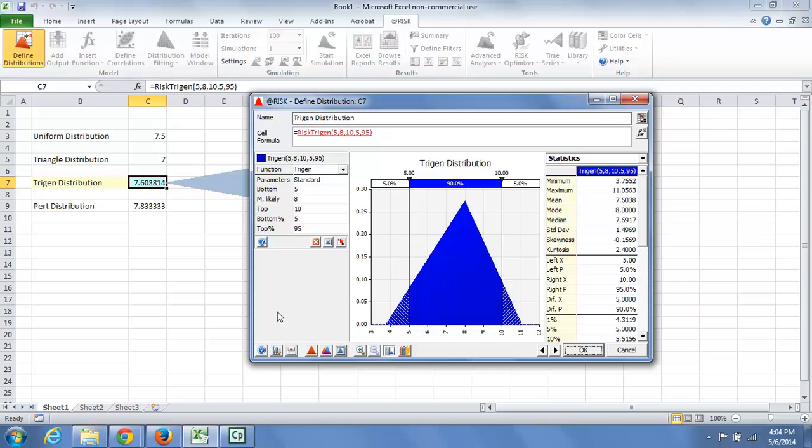Likewise, I don't know what the maximum is, but there's about a 95% chance it's beyond 10. So if the minimum and maximum are a particular concern to you in your problem, you would be better off using a Trigen distribution and adjusting these percentages as needed.